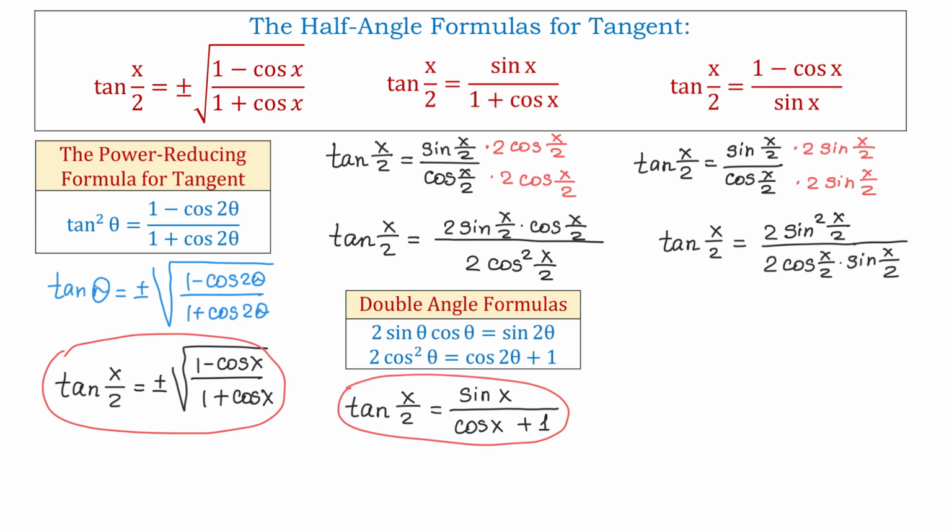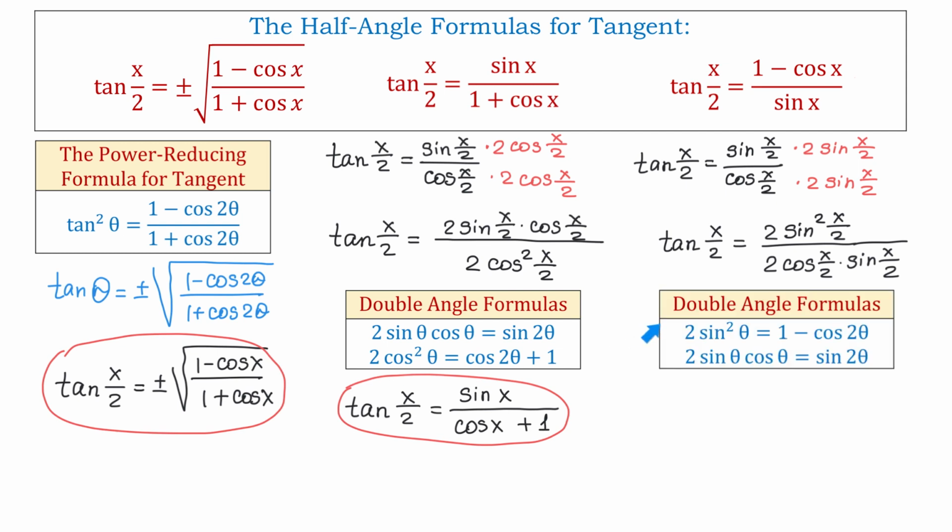And now again we will use the double angle formulas. In the numerator, we will apply 2 sine squared of theta equals 1 minus cosine of 2 theta. And in the denominator, we will apply 2 sine of theta cosine of theta equals sine of 2 theta. Now keep in mind that in these two formulas, I rearranged the terms to fit our problem.